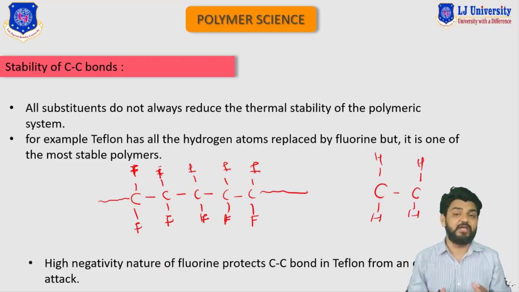And this is why the molecules of Teflon are more thermally stable, because the fluorine group protects the carbon-carbon bond between the monomers. So this is the main reason why Teflon is one of the most stable polymers.